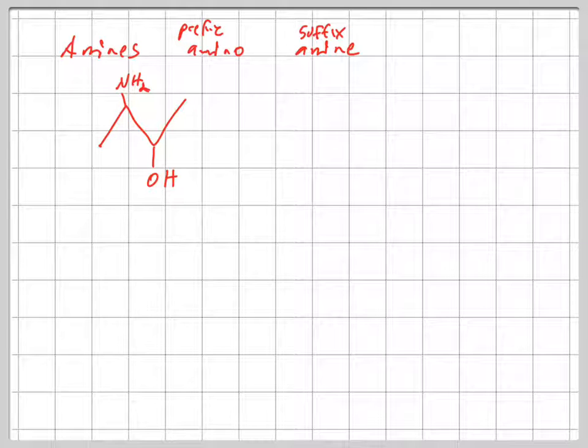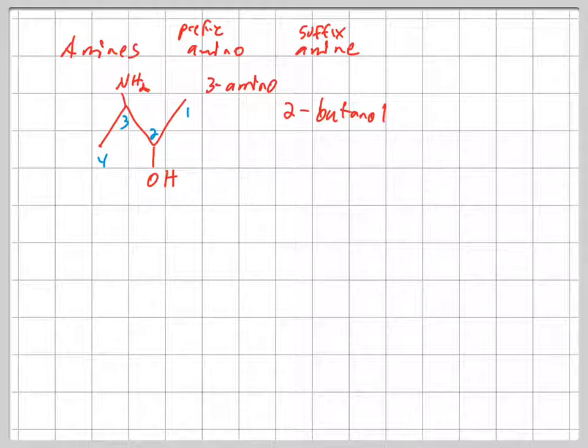So we would number this so that the alcohol had the lowest number, 2, 3, 4. So we have 4 total, so that's going to be butanol, and that would be 2-butanol. Now starting out, it would be 3-amino-2-butanol.